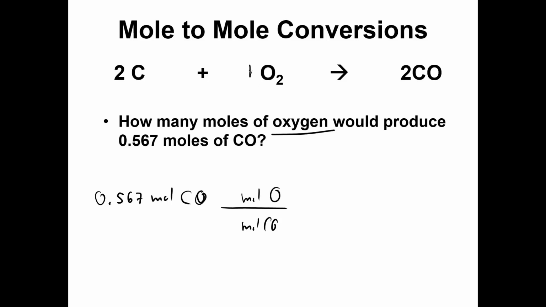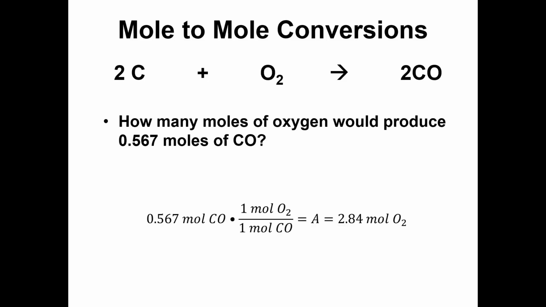Here's a 1 and there's a 2, and so this is half of that, which is 0.284 moles of O2, and I'm a little sloppy here. This is supposed to be O2. Here it is again worked out.